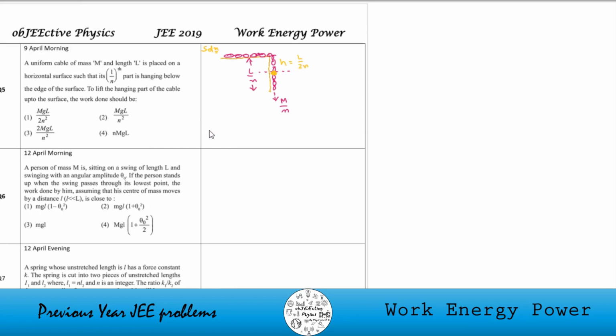So therefore we know that W is equal to mgh is the formula, where m is capital M by n, g into h is equal to L by 2n. So that is equal to MgL divided by 2n square is the work done. So that is option 1 is the right option.